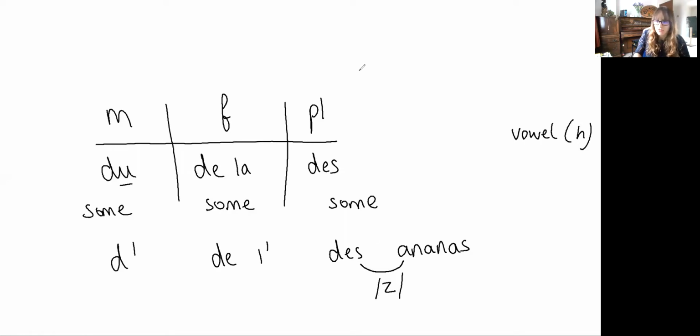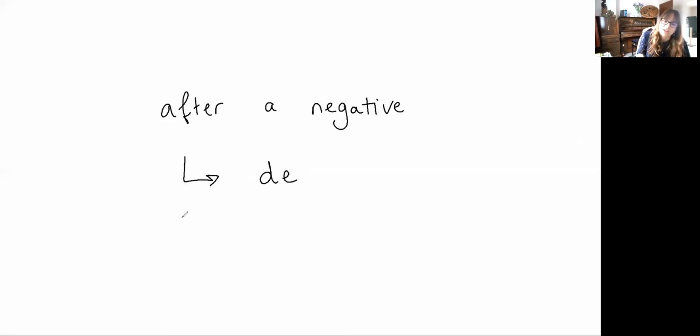Fantastic. Just adding to your knowledge, after a negative, what do we do? It is exactly the same as what we do for the indefinite article. So after a negative, you will just use de. So j'ai du lait. Remember, I have some milk.